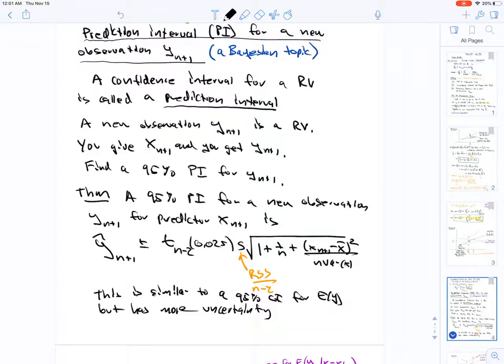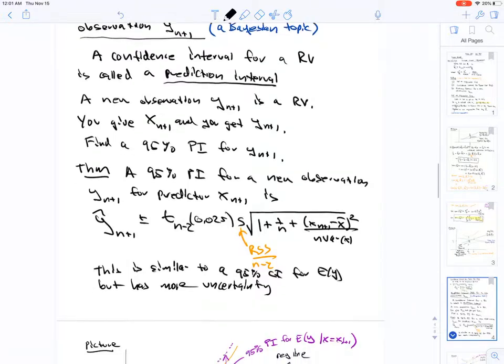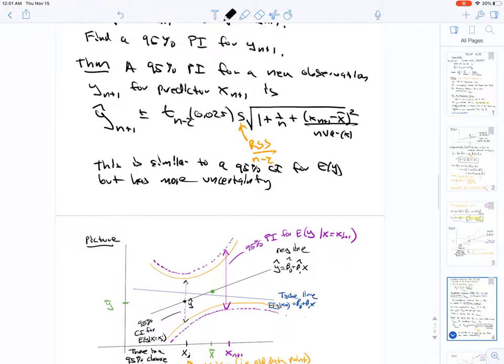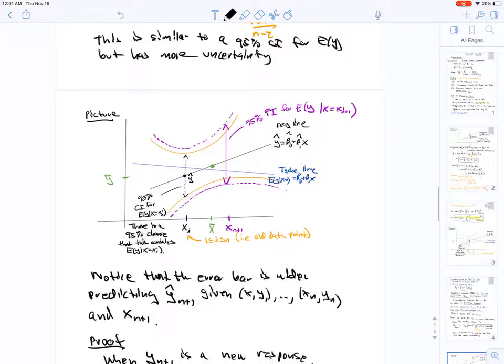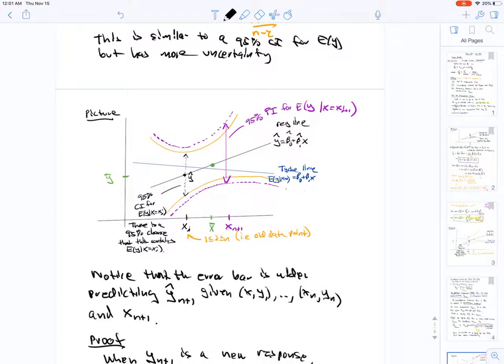Notice the 1 in it. So there is more uncertainty here. I've drawn the picture of the prediction interval, and it's a little bit wider, as you can tell with the purple dotted line here. And this is for a new observation.